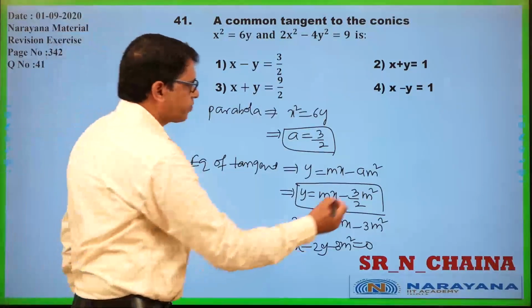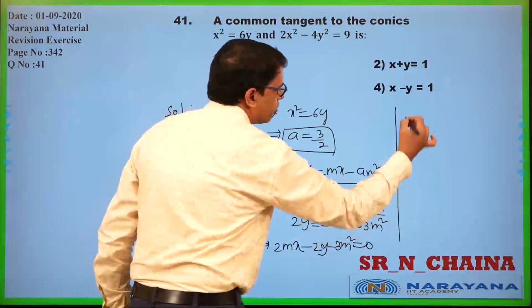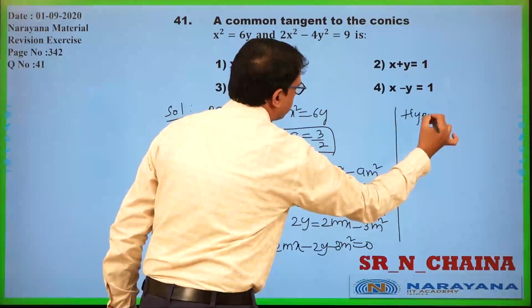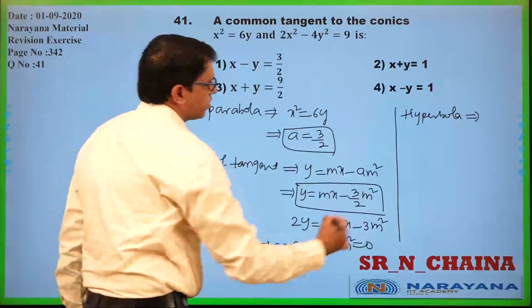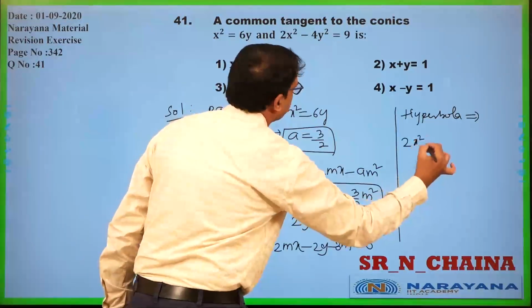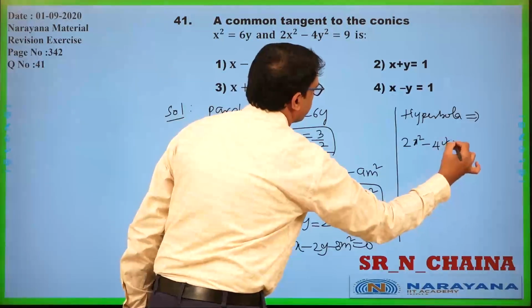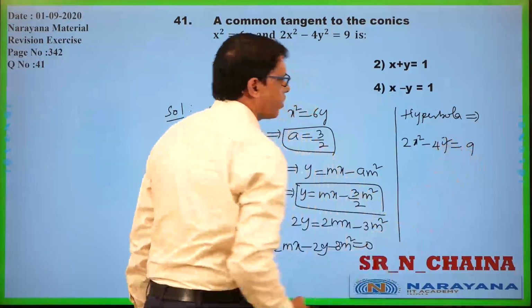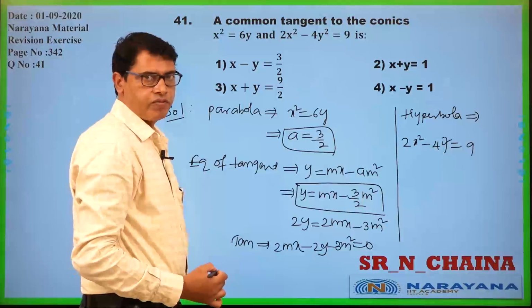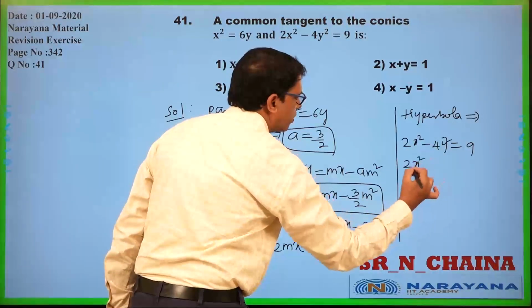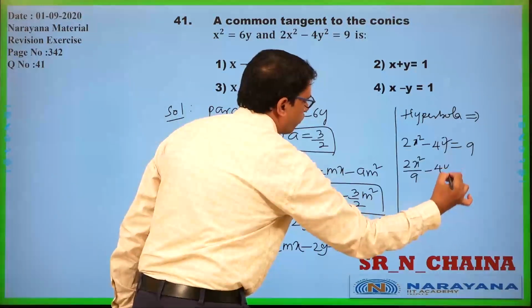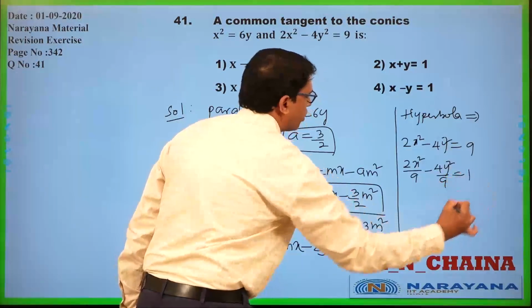Now take the hyperbola. So what is the hyperbola? 2x square minus 4y square equals 9. So bring into standard form. Dividing by 9, 2x square upon 9 minus 4y square upon 9 equals 1.